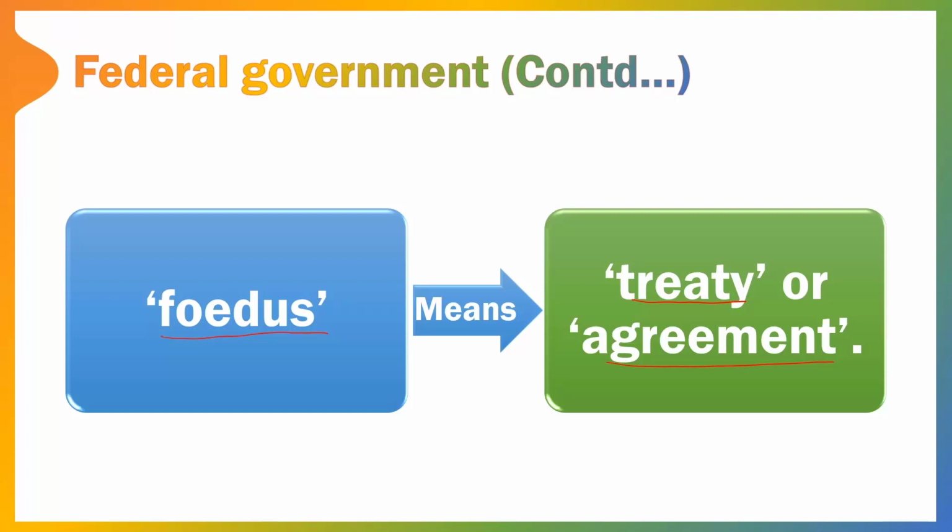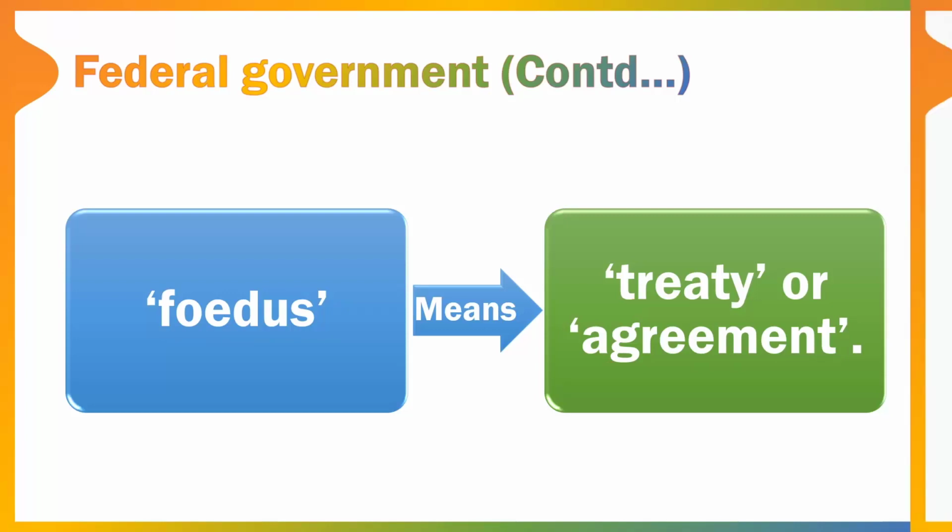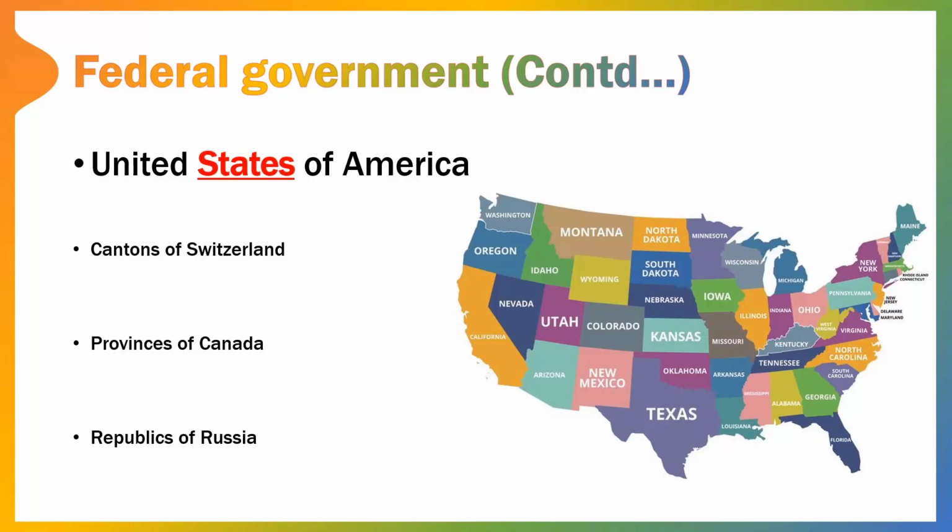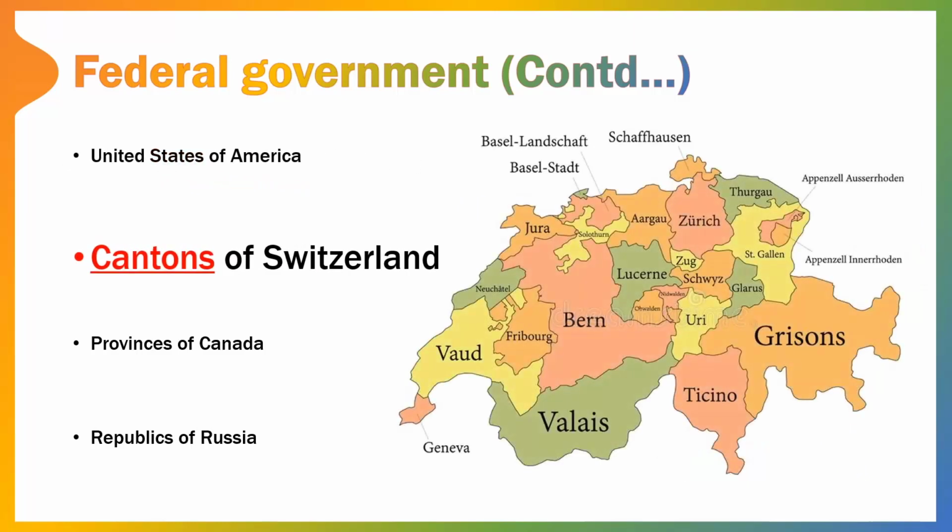Clear? Now, the states available inside a federal government are known in different ways. In the USA, each unit of the federation is known as a state, as in the United States of America. In Switzerland, the units of the federation are known as cantons.